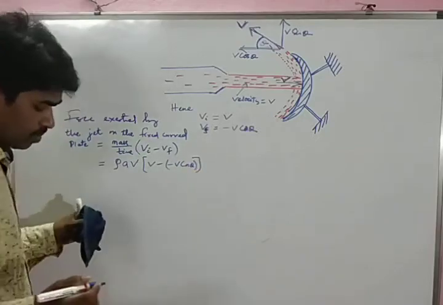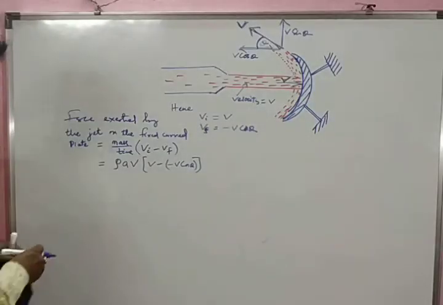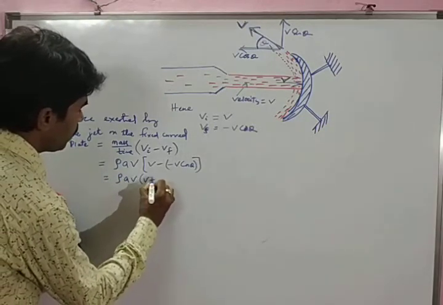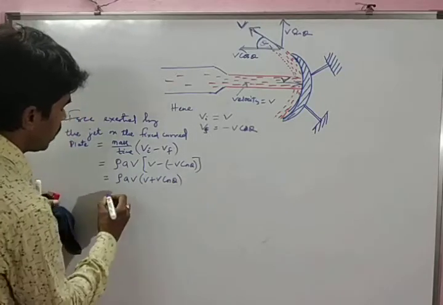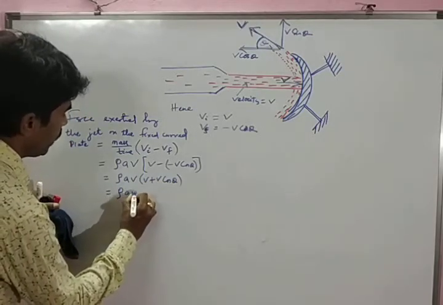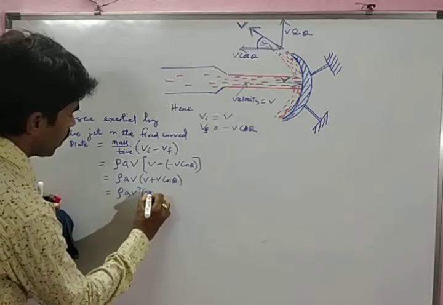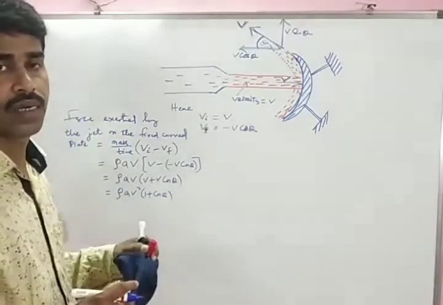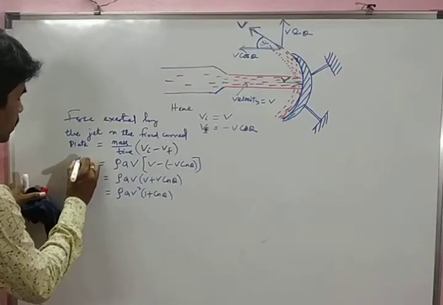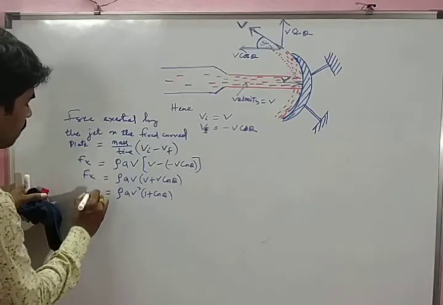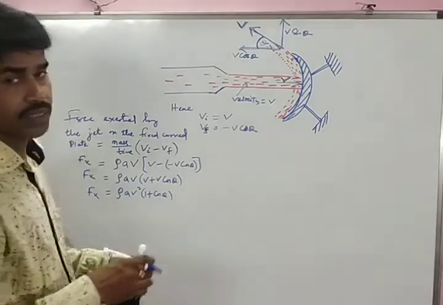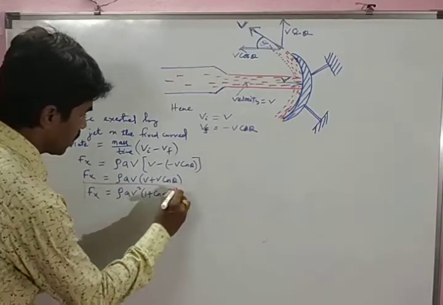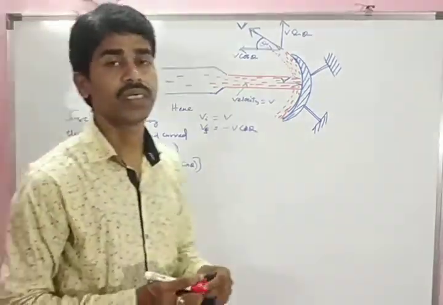So this is equal to rho a v into v plus v cos theta, or rho a v square into 1 plus cos theta, and this force is in the horizontal direction. We call this force Fx.